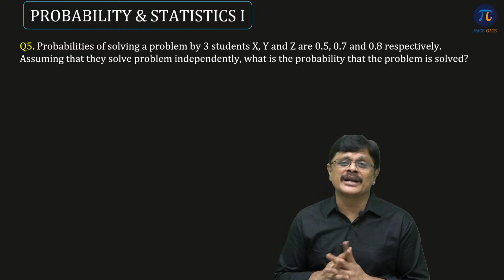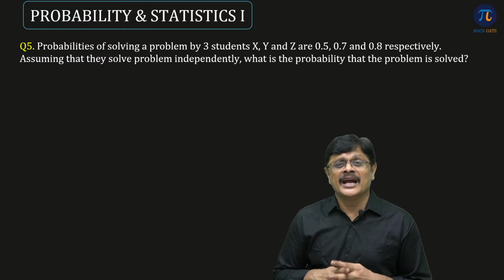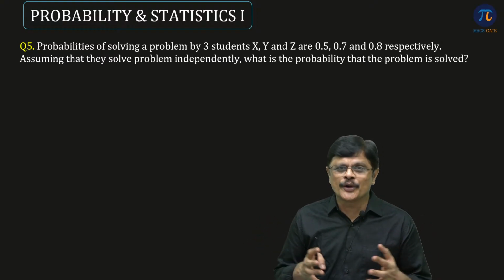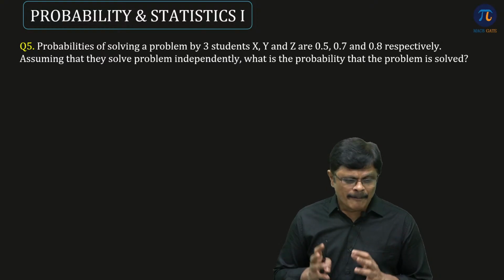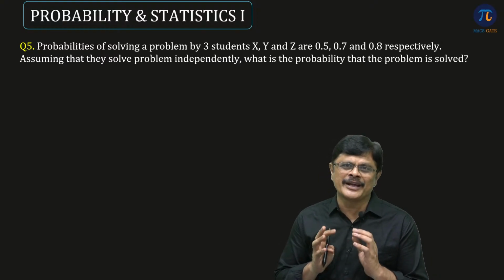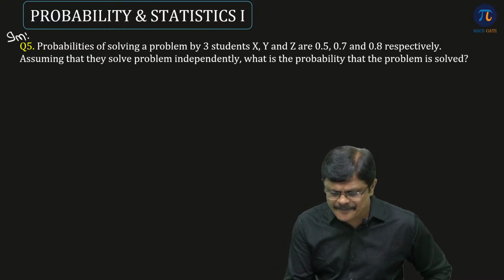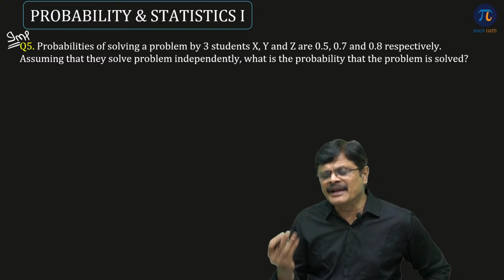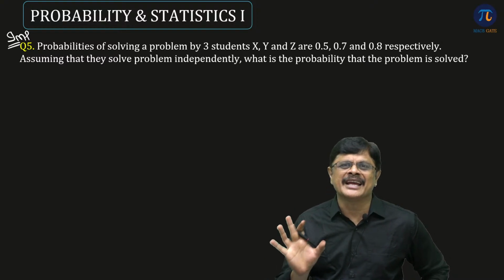And what is very important is that when the events are independent, whether you have 2 events, 3 events, 300 events, and even when you have infinitely many events, you can easily handle them. Tomorrow we'll take up the problems on independent and dependent events, then we try to explore that more. But today this is the last problem where we try to explore this properly. One of the important questions. Very, very important. The different variations which I am going to show you now can be asked in the examination.